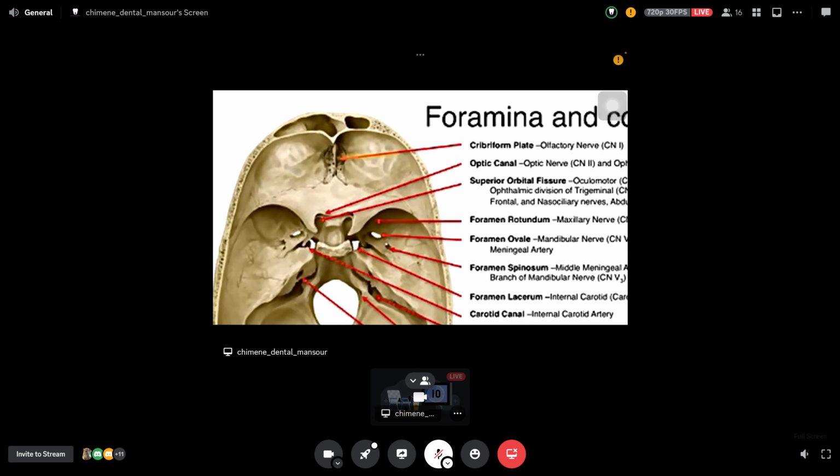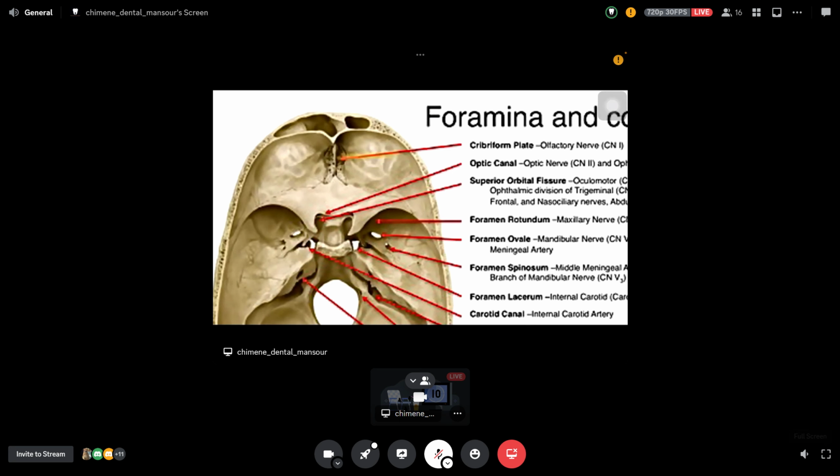In here, you have the transverse sinus groove. And what else? The protuberance, internal occipital crest. I think you know it. I've already talked about the hypoglossal canal.